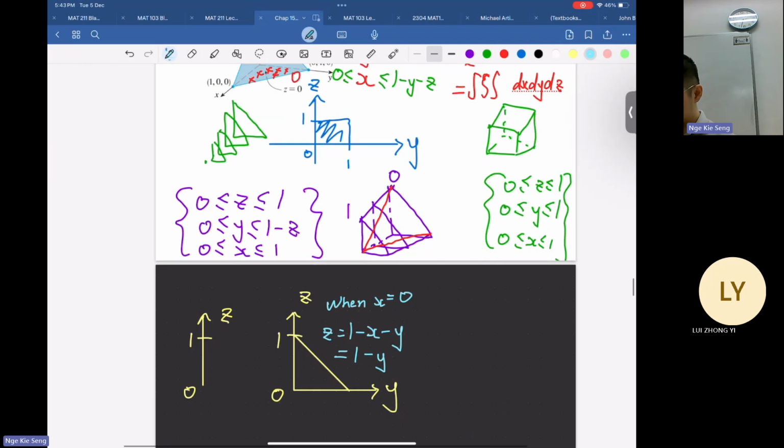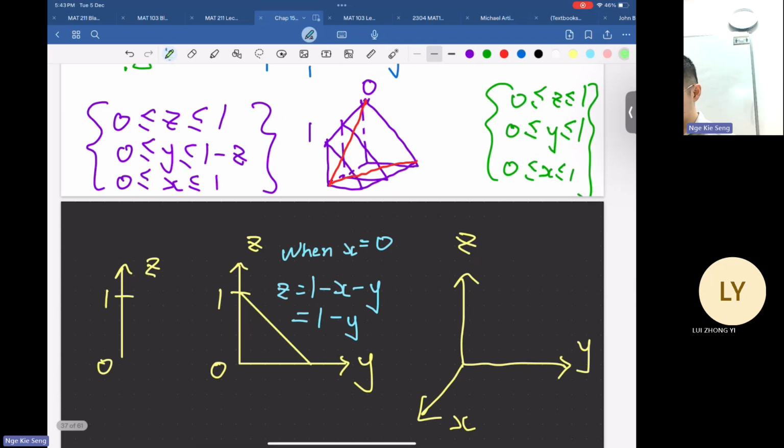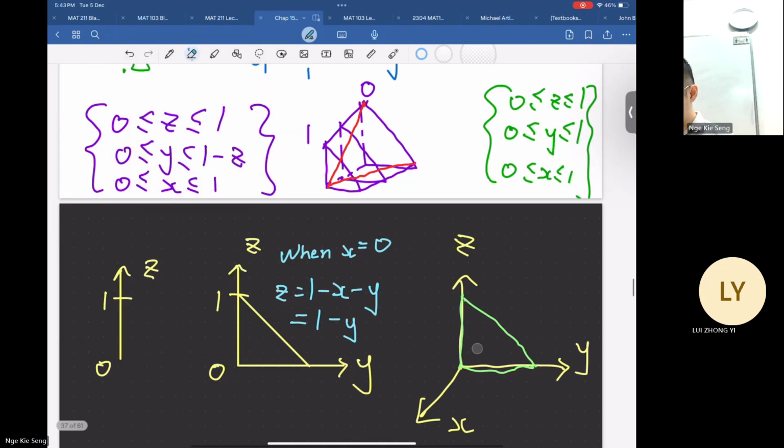Then how about if I compute all the directions, z, y, and then x? Okay, what's the shape here? So this is the shape that diminishes that I drew just now. So you have a triangle here, but you can see that the triangle is getting smaller, smaller, and smaller.